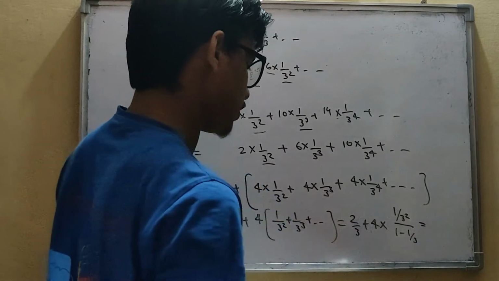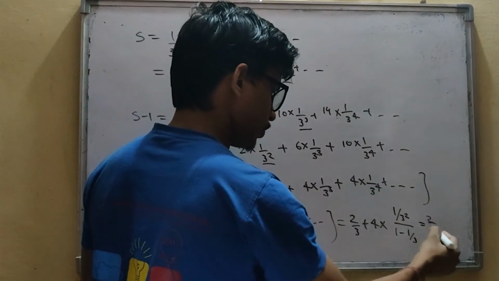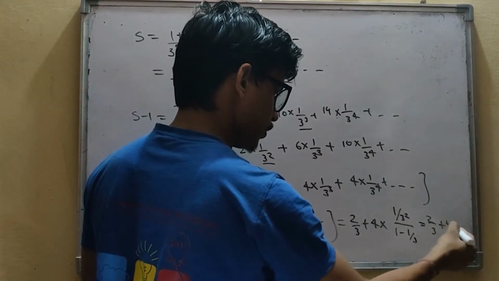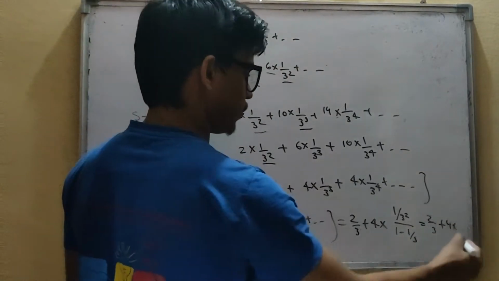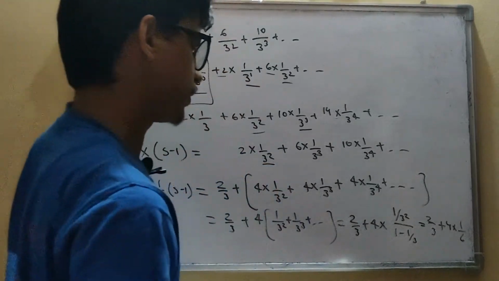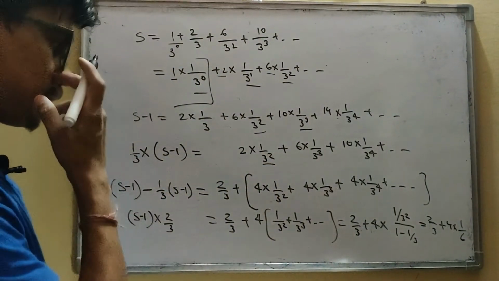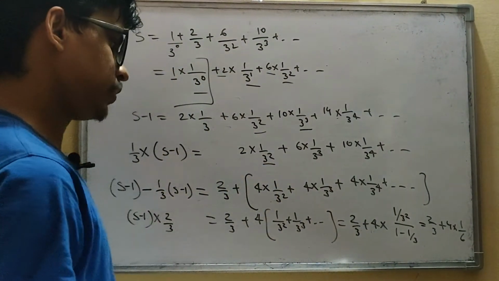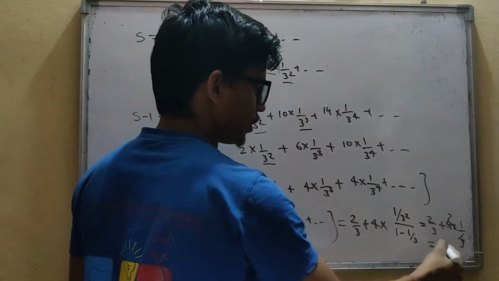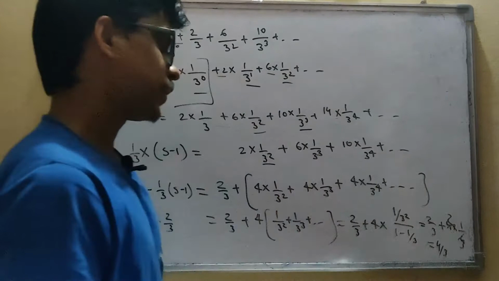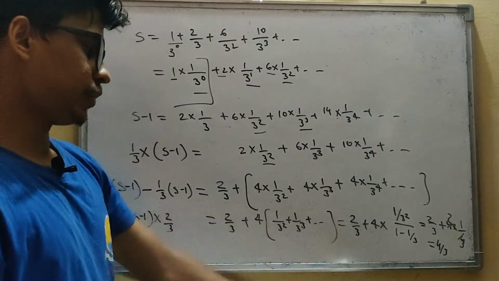So after simplification, it is going to be 2 upon 3 plus 4 into 1 upon 3 square, 3 minus 1, 2, so 1 upon 6. So 4 upon 6, which is 2 upon 3, and 2 upon 3 plus 2 upon 3 is 4 upon 3. So this is how you can do this, right?